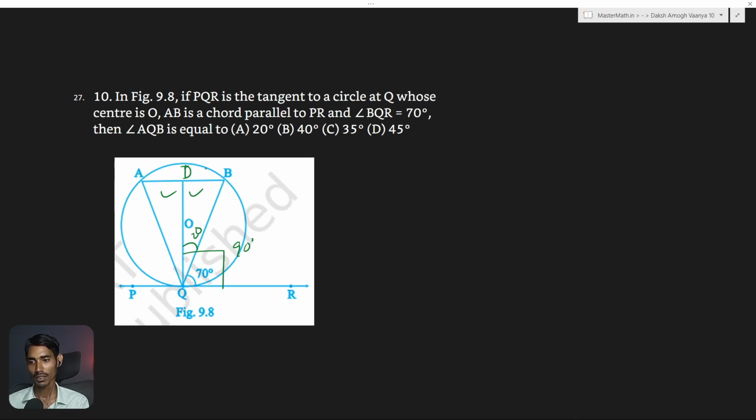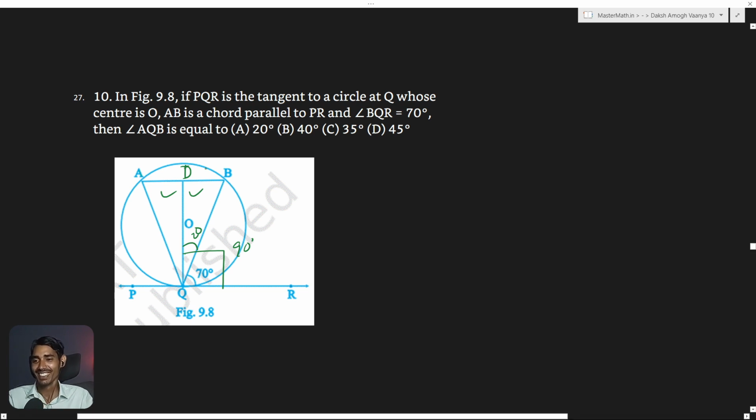DQ is common, and then we get stuck. AD is equal to BD.